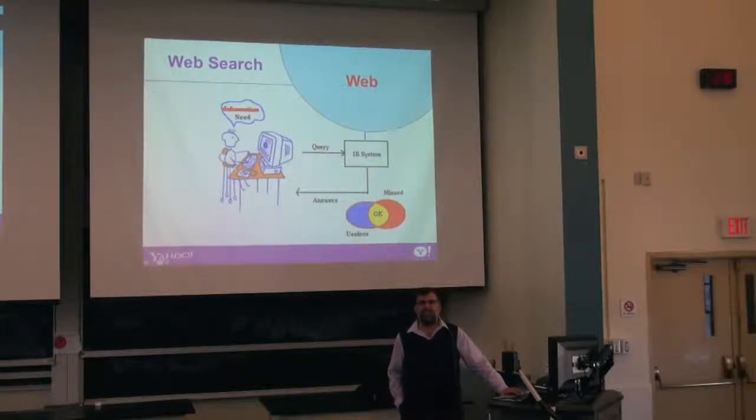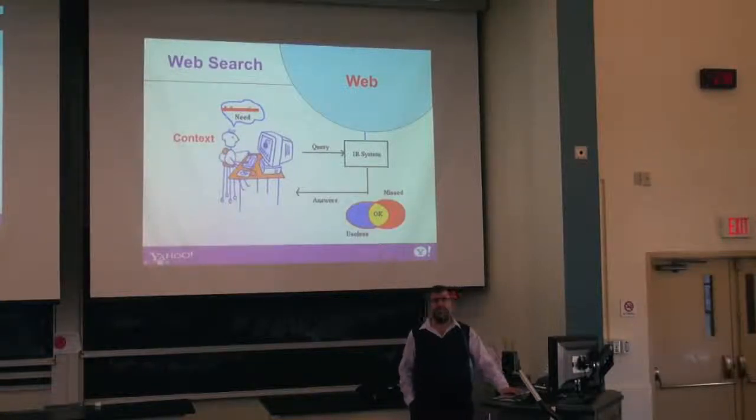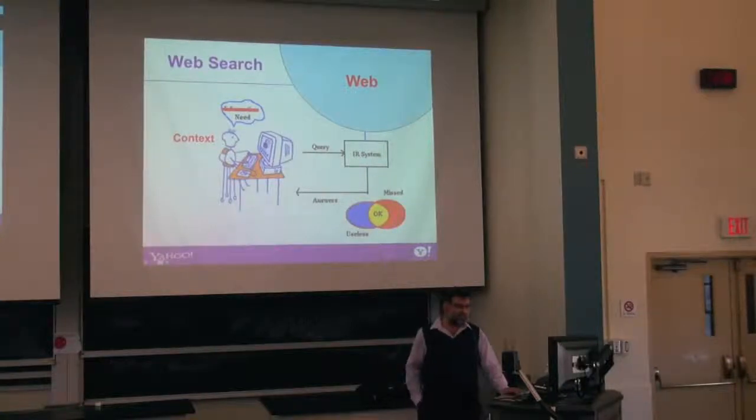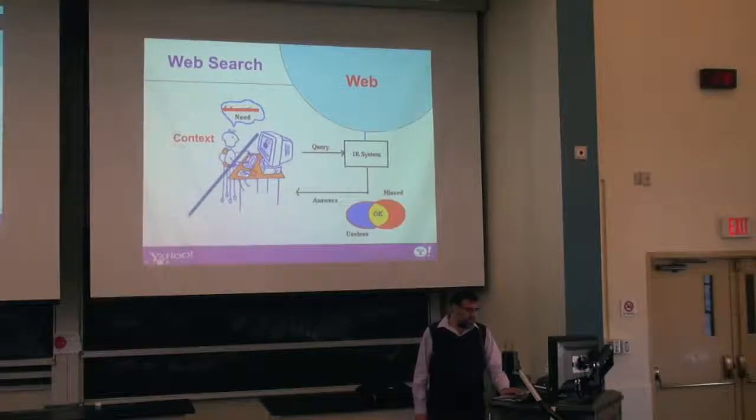So different kinds of queries: navigational queries, transactional queries. You are not really looking for information. And then the context is very important. What are you trying to do? Because that maybe will change the ranking, will personalize your experience. Maybe it depends on the device. You are not using a computer, you are using a mobile phone, and so on.